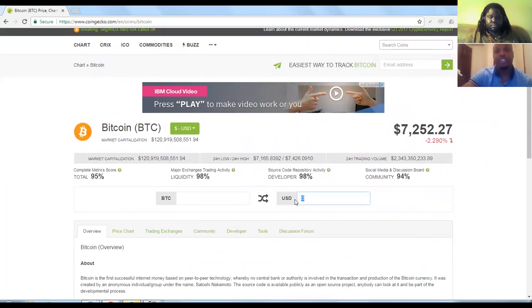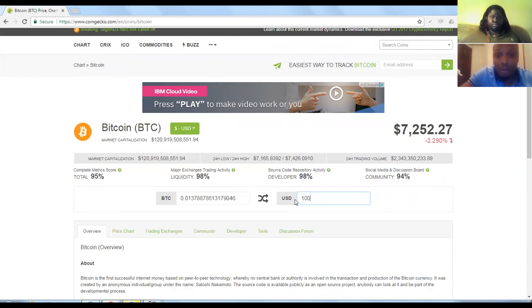So for instance, if I was to buy $100 of Bitcoin, I will have 0.037 BTC, or 1,300,000 Satoshis.